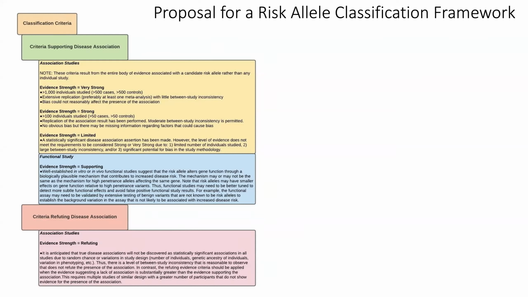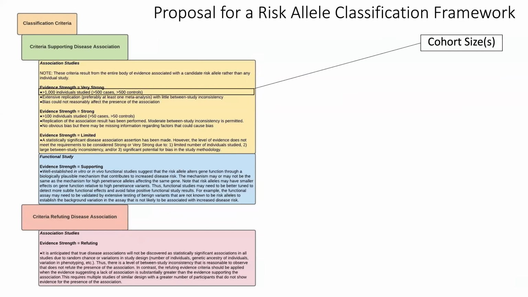So just because a result isn't replicated once or twice, that doesn't give you evidence refuting a disease association. However, if a study is done that's larger, that's looking at a similar population and is better designed, and that shows no effect, that can refute an initial assertion that suggested that there was an association.